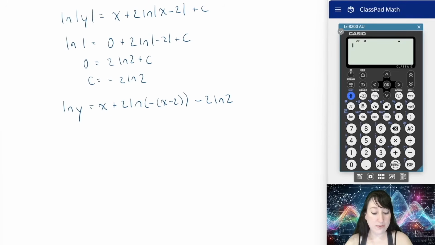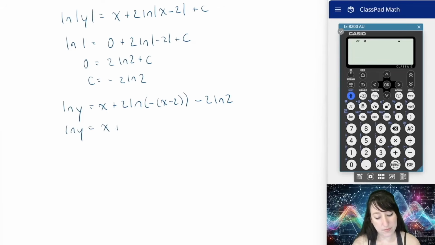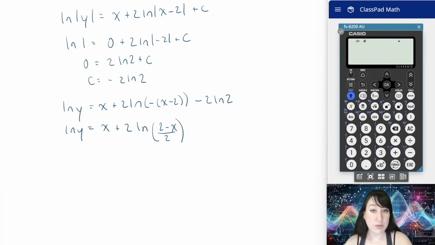Now, we could fix this up a little bit. We can use our log laws even on the right-hand side. I distributed the negative to x minus 2, and then with log laws, put that over 2. Now the last step is to take e to the power of both sides.